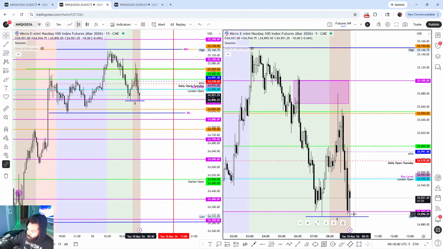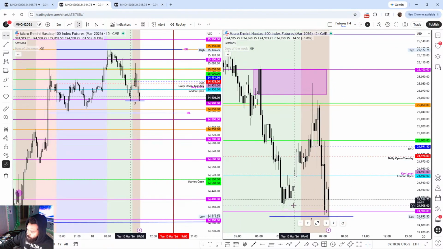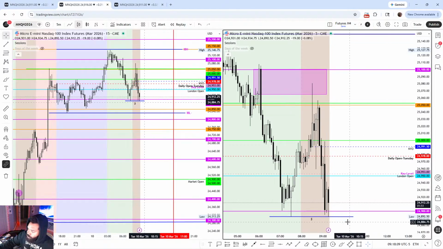But there was a slight draw on liquidity, right? 24,892.50, and that's exactly the low right now. So these are equal lows. I'm not gonna buy into that for sure.